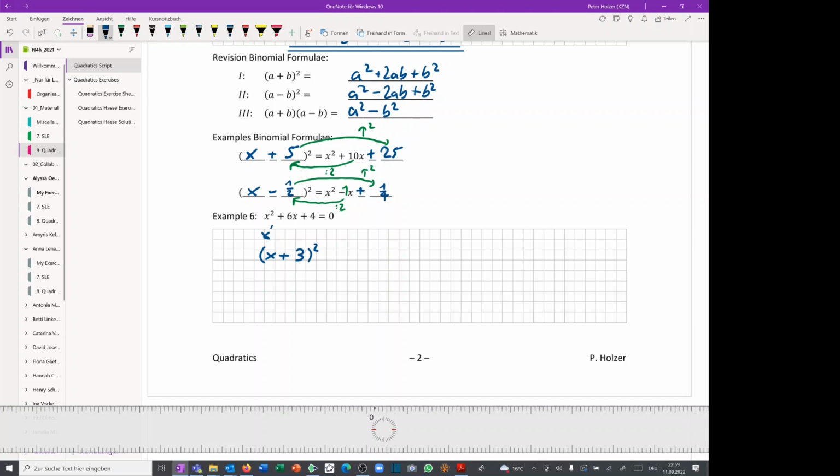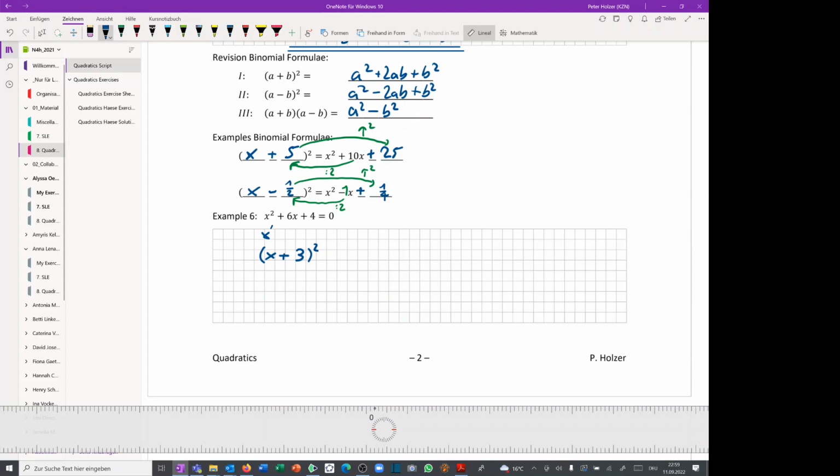Now, how do we get from the first line x squared plus 6x plus 4 equals 0 to the next line x squared plus 6x plus 9 on the left hand side? Well, what do we have to do? We have to add on both sides plus 5.